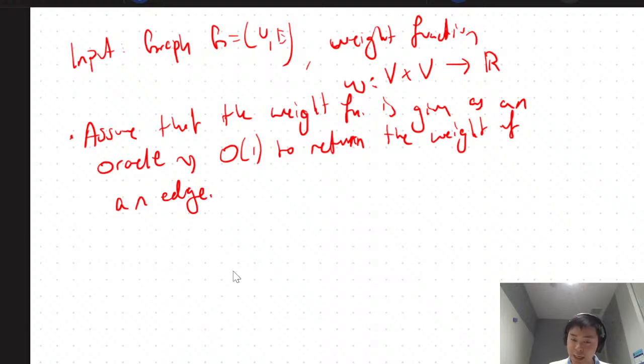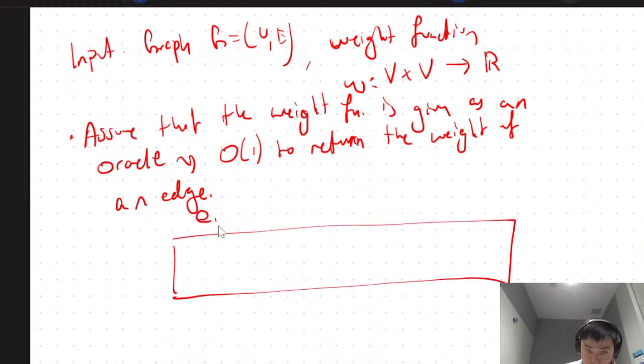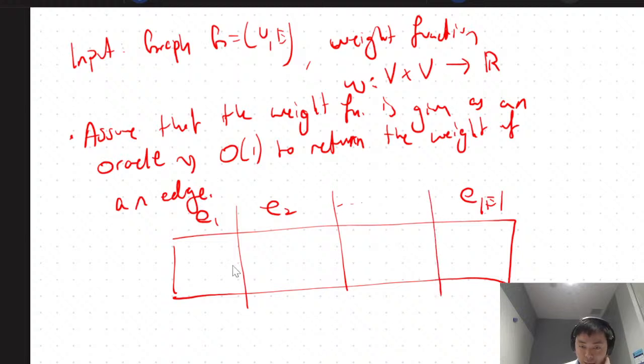In other words, you can store the weights in an array of edges. Imagine you have this array E1, E2 up until E the size of E, and in this array you're basically given the weight. So this would be the weight of E1, the weight of E2, and so on and so forth.